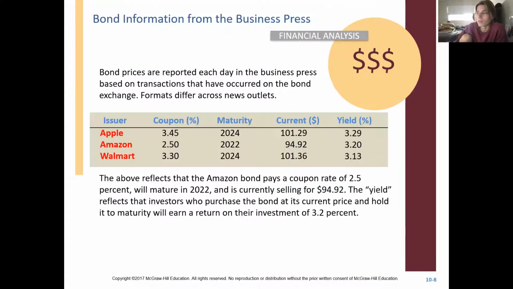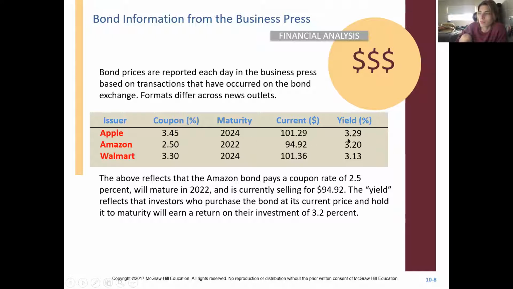Okay. Let's start to understand what we're talking about here. Look at these three companies: Apple, Amazon, and Walmart. Here is the amount their bonds pay. So if you loan money to Apple, they'll pay you 3.45% until 2024.